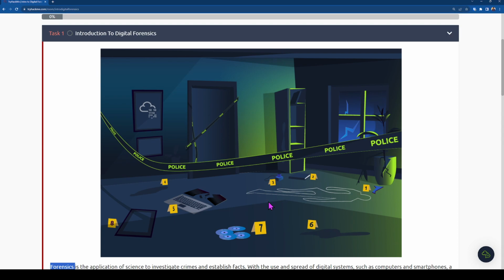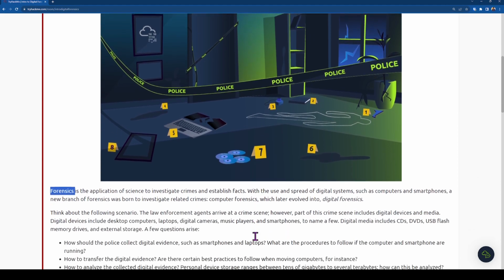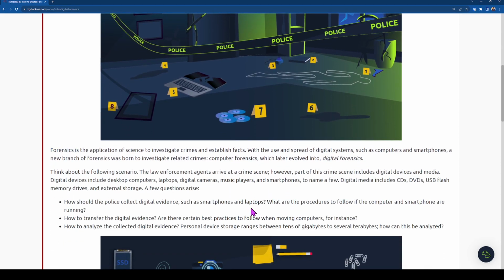And that's what digital forensics would be, on the digital side of this physical crime that happened, because technology has really expanded. It's super big. It's super popular. Everyone has some kind of electronic device. So let's see what TryHackMe has to say.